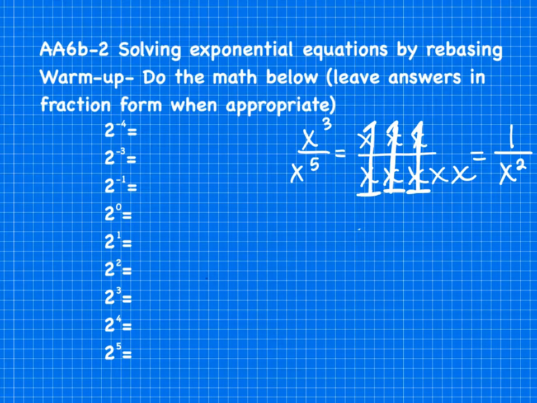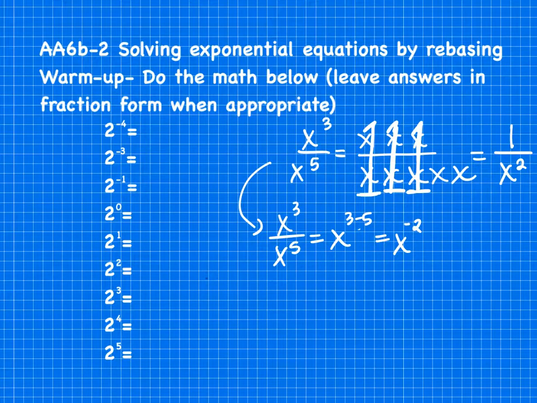Now, one of the things that that leads us to is the quotient rule. When I have x to the third over x to the fifth, that is the same thing as x to the 3 minus 5. That's the rule when I have the same base dividing. So that ends up being x to the negative second.